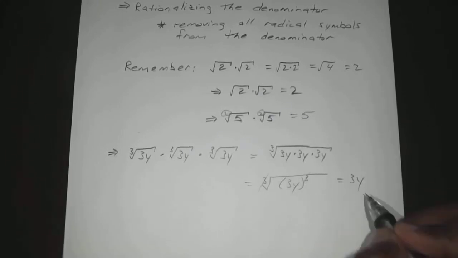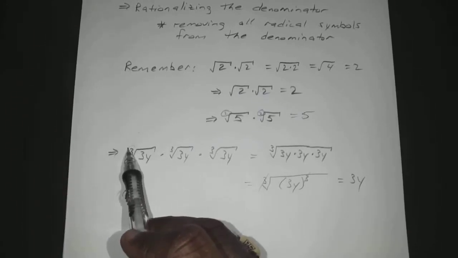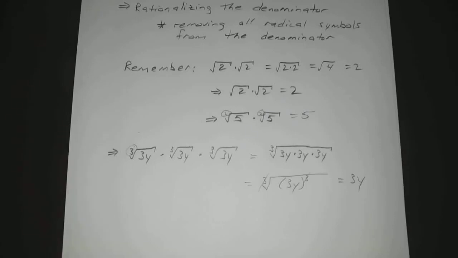So that would just be 3y. All this is saying is if you multiply it the same number of times as the index, it'll always cancel out. And we're going to use that to rationalize our denominators.